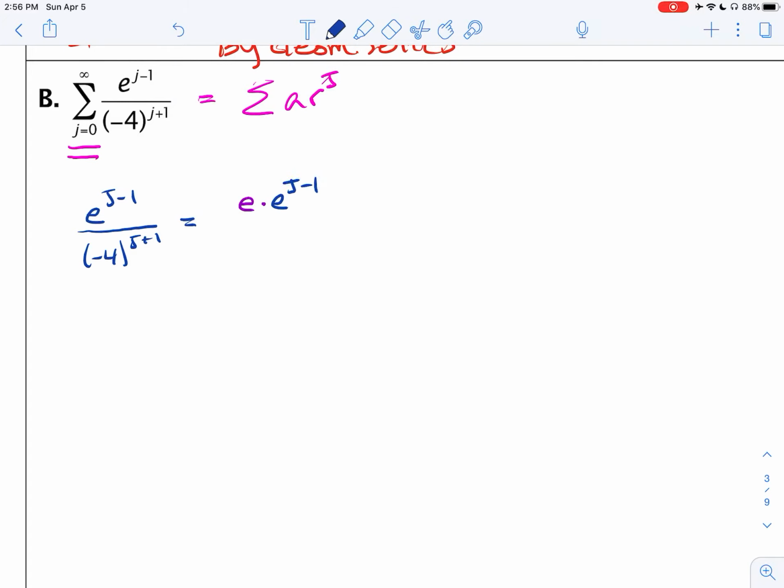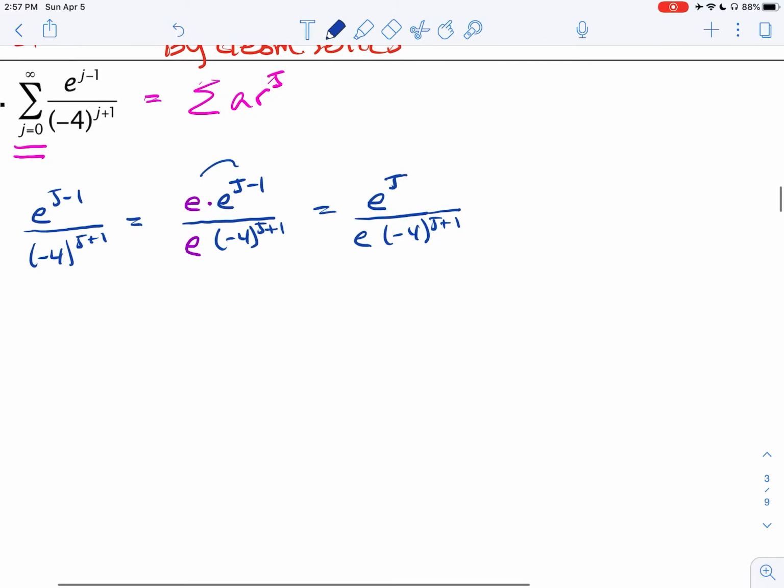And now I can combine these two, and I can say that that's equal to e to the j over e times minus 4 to the j plus 1. And now I actually want to take out one of the negative 4's because I want to reduce that j plus 1.